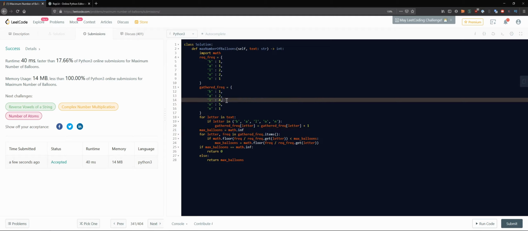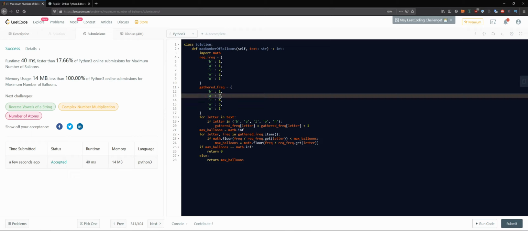Now the second time, for the second letter that we see, this is A. We take its gathered frequency and divide it by the required frequency. So 2 divided by 1 is actually 2, right?